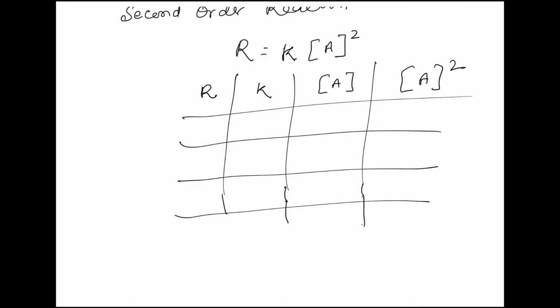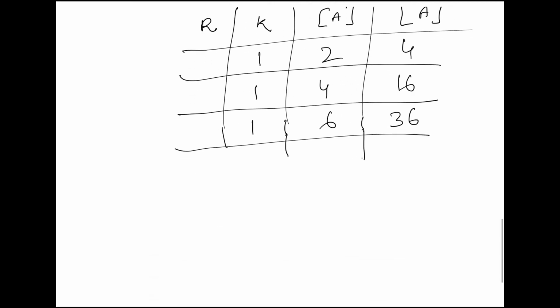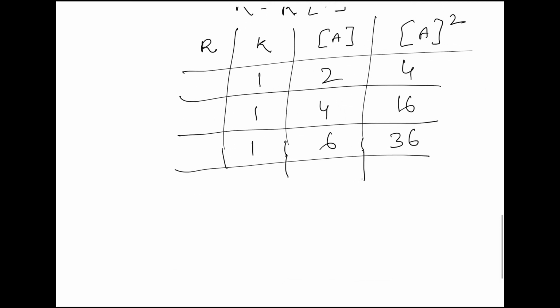Let us take the value K as 1 and A is 2, 4, 6. Then A square will be 2 square equal to 4, 4 square equal to 16 and 6 square equal to 36. Now rate will be K into A square: 4, 16 and 36.